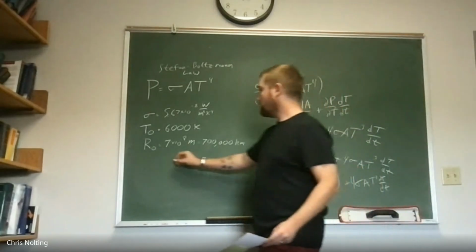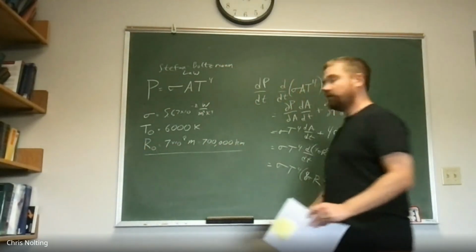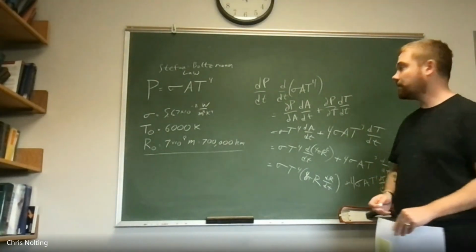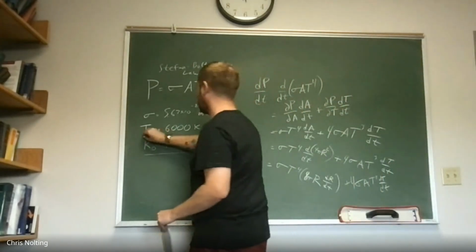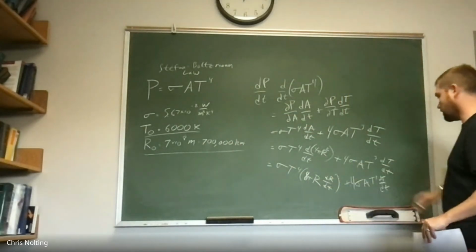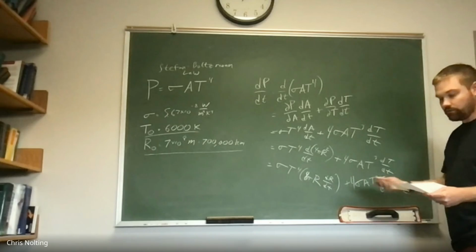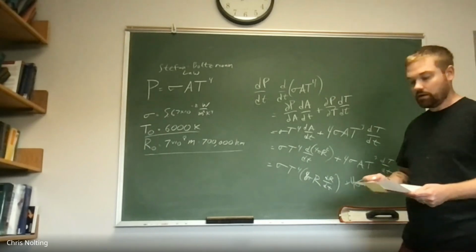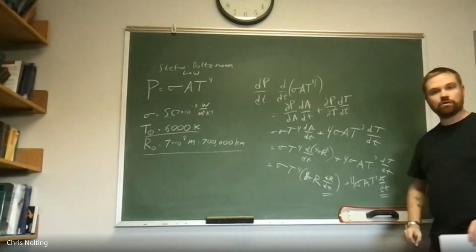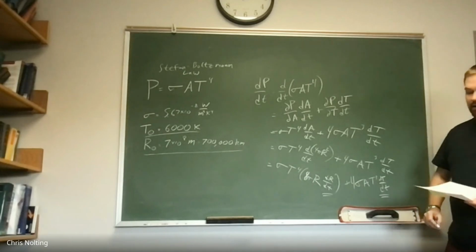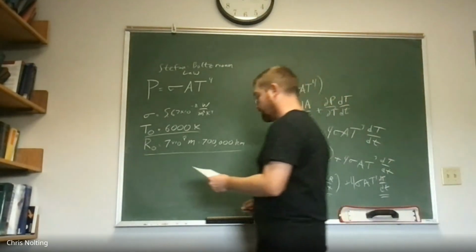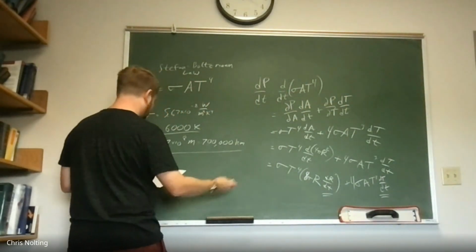We know the size of the sun, the radius of the sun is about 700,000 kilometers, and the temperature is about 6,000 Kelvin, and we know the value of this constant, so we can just start plugging in numbers, assuming we knew something about what the dr/dt and dT/dt derivatives are going to look like. If we make some assumptions about that, we could plug in some numbers.